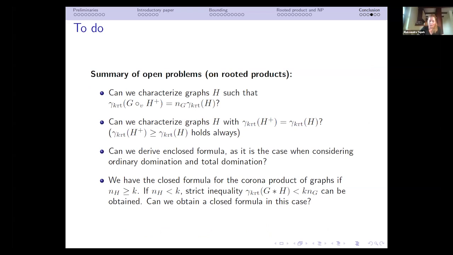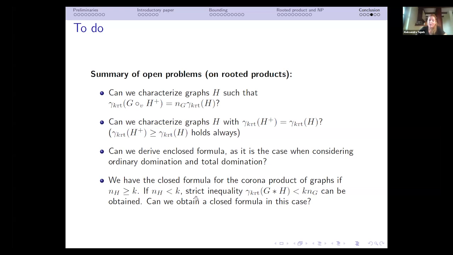And while I was still deep in this story, I had a strong feeling that we could obtain a formula here as well, but we didn't go so far. So yeah, this is open. Can we derive closed formulas for the rooted products? And also in this case that was left, yeah, for Corona products. We didn't do this, yeah.